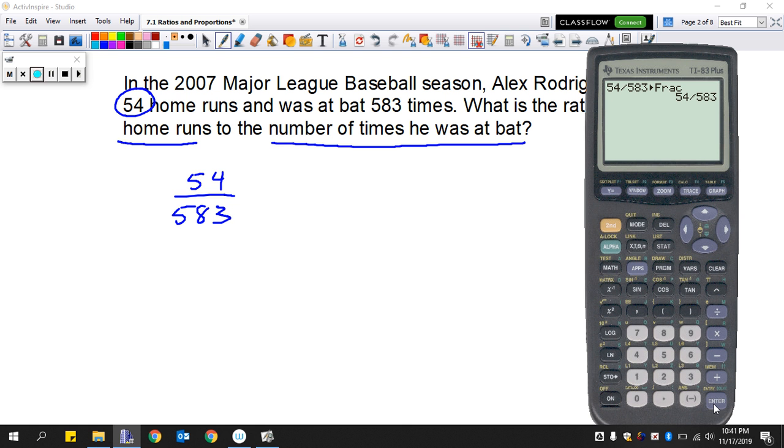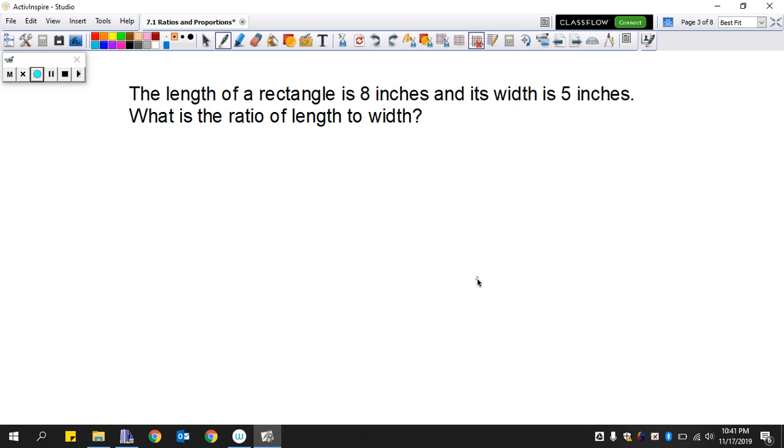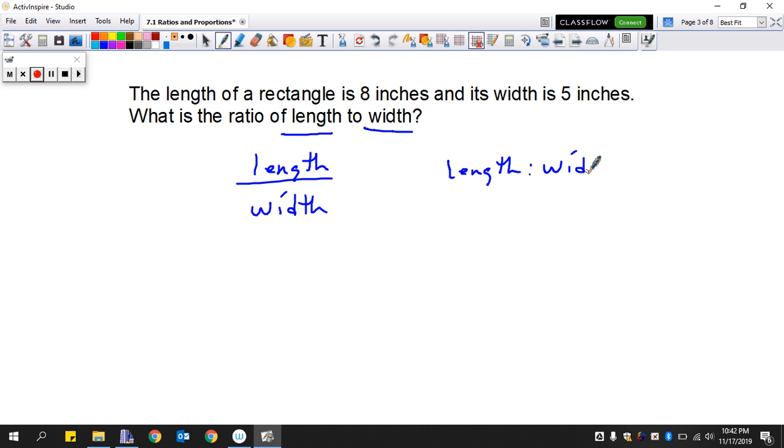The next example: the length of a rectangle is 8 inches and its width is 5 inches. What's the ratio of length to width? We're looking at length to width, and we could write it as length to width, like that as well.